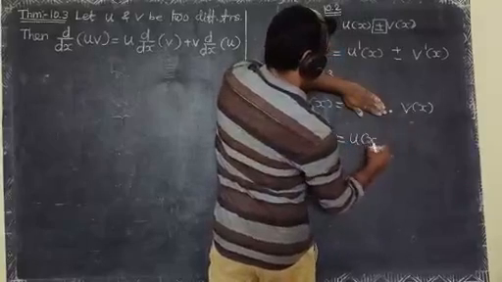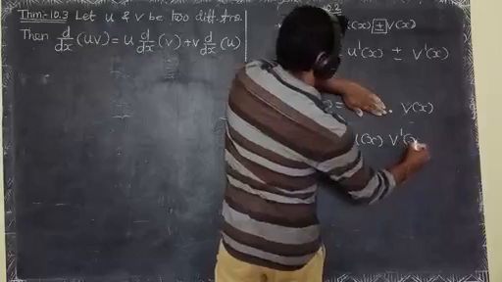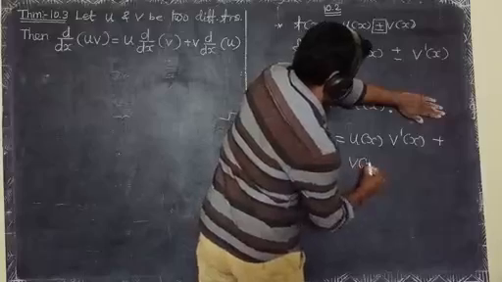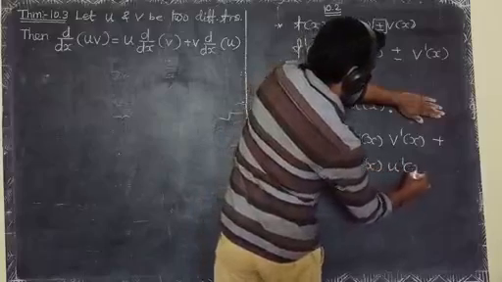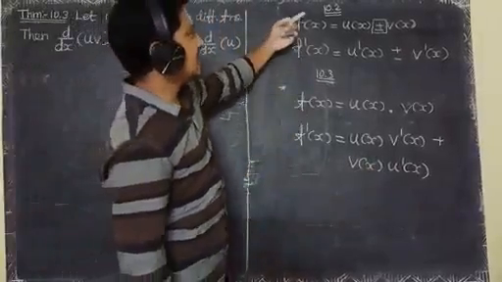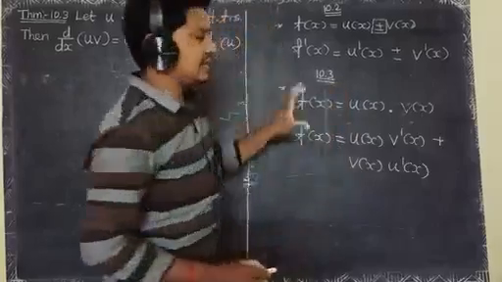u of x into v dash of x plus v of x into u dash of x. This is the difference between theorem 10.2 and 10.3.